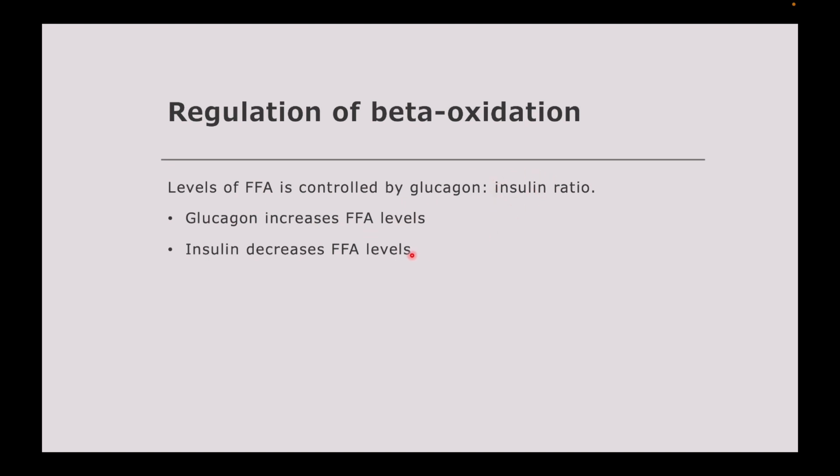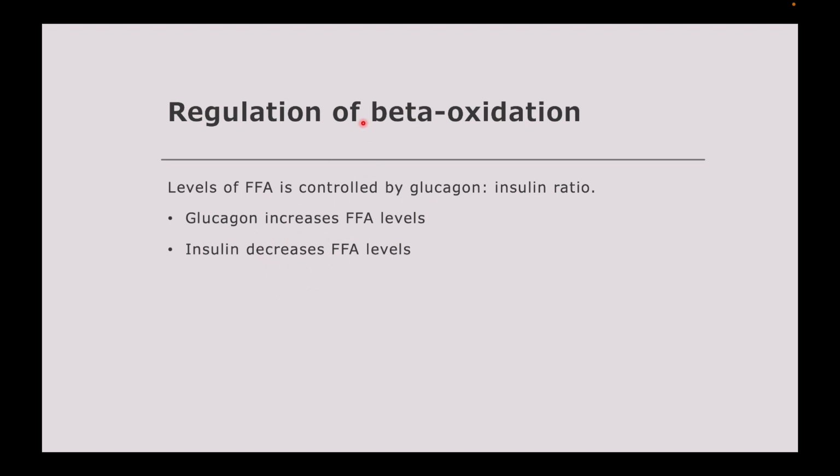And insulin, on the other hand, gets activated when you have tons of glucose, so it tries to decrease the free fatty acid level by preventing the breakdown of fat. It tells the body to store the fat, not to break it down. So it decreases the free fatty acid level.